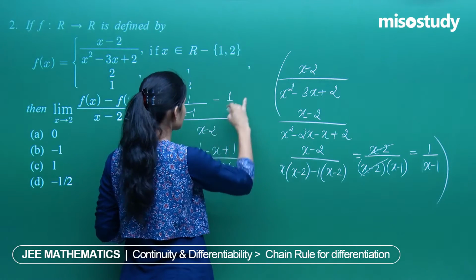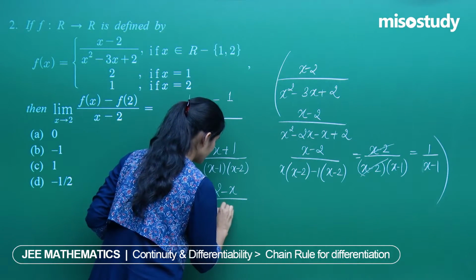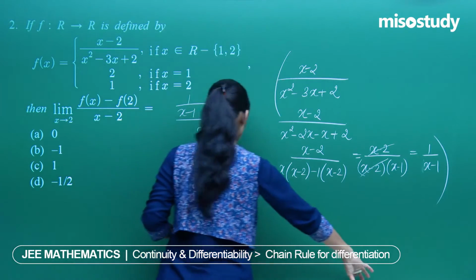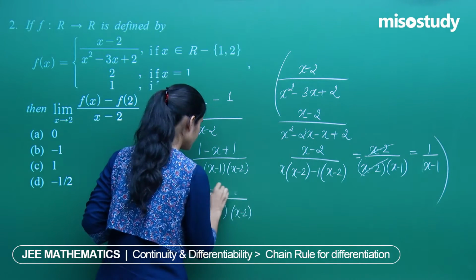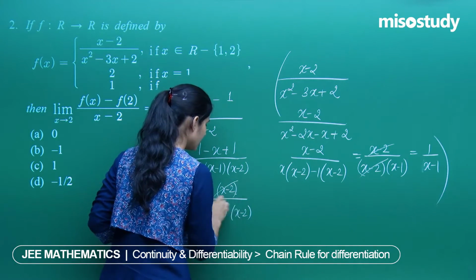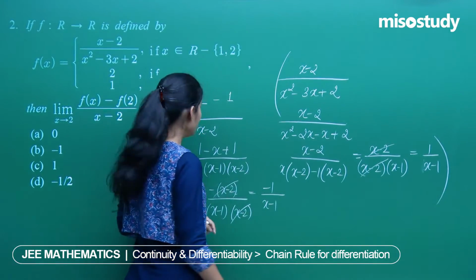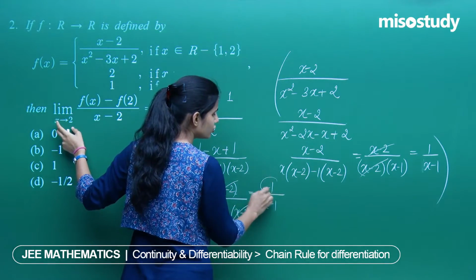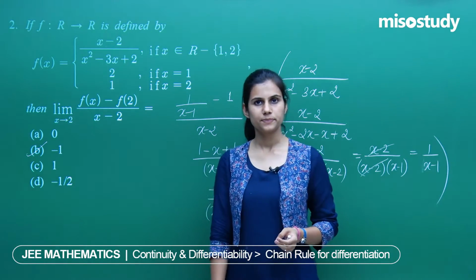This is 1 minus x plus 1. So this becomes 2 minus x whole upon x minus 1 into x minus 2. I can write this as minus of x minus 2. Right? And so I am left with minus 1 upon x minus 1. It is actually limit x approaches to 2. So as x approaches to 2, I get just minus 1 as my answer, and that is the required limit.